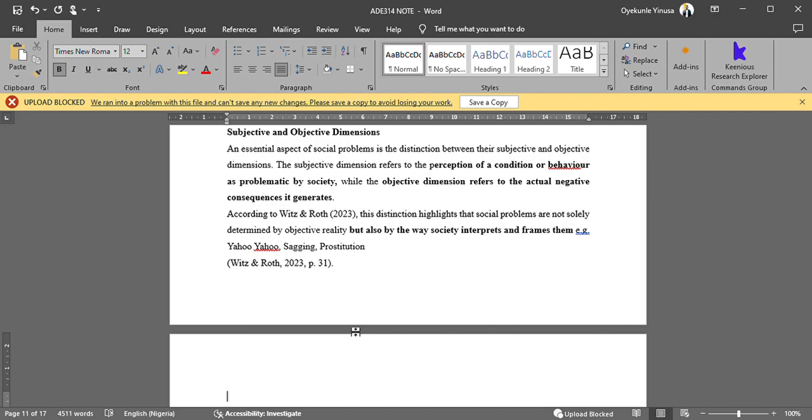The same thing goes with prostitution. Because of the economic hardship, the background, the inequality, people now begin to see prostitution as a way of generating income, as a form of making money, whereas it is a condemnable act, but the society has taken it as a norm.